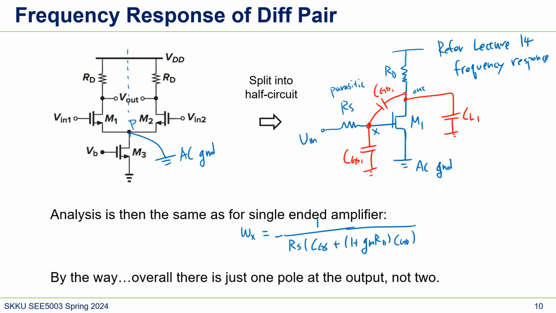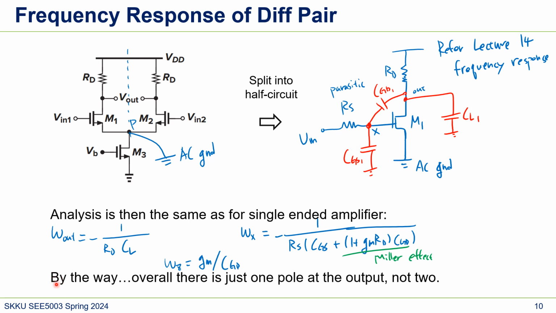So this is the Miller effect, right? We also have the other pole at the output. Omega out would be simply 1 over RD CL. We also have a zero, right? At omega equals gm over CGD. Well, if we assume that this parasitic RS is too small, then we can ignore this, because if RS is 0, then this goes to infinity.